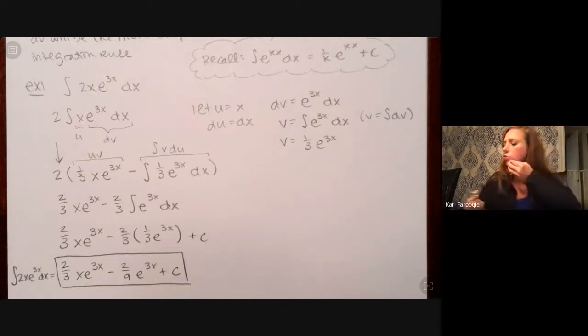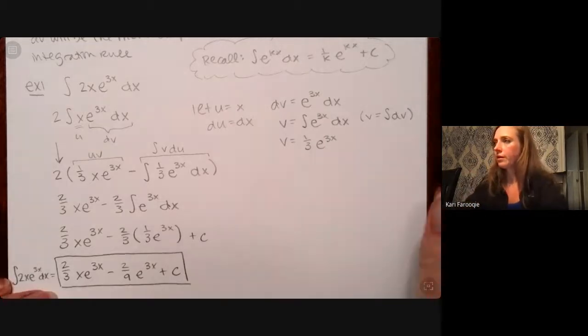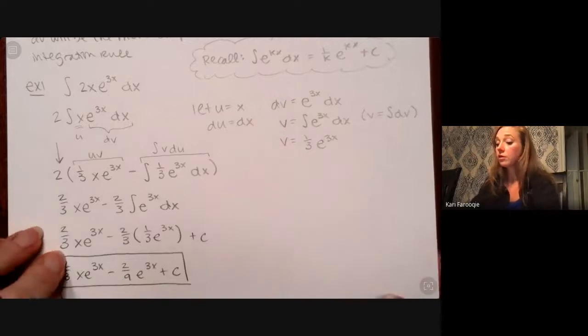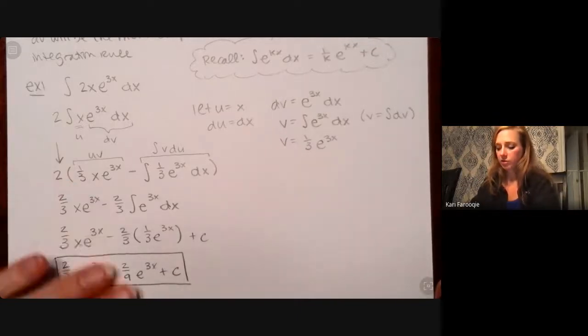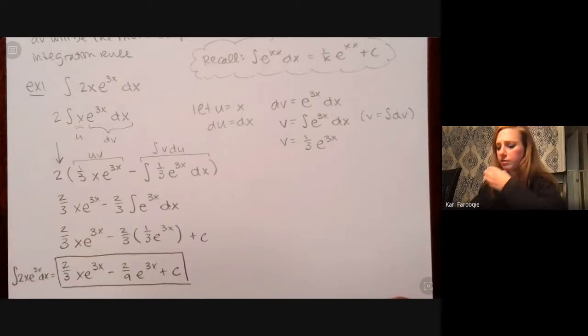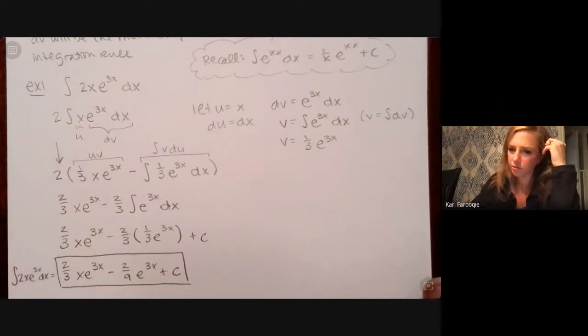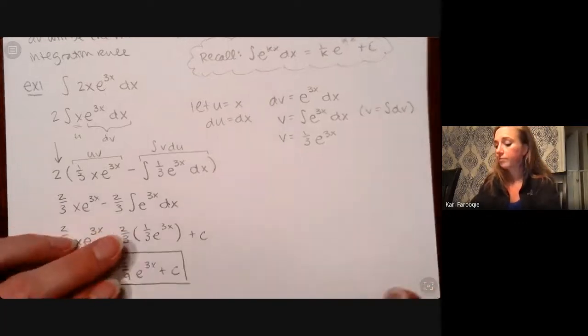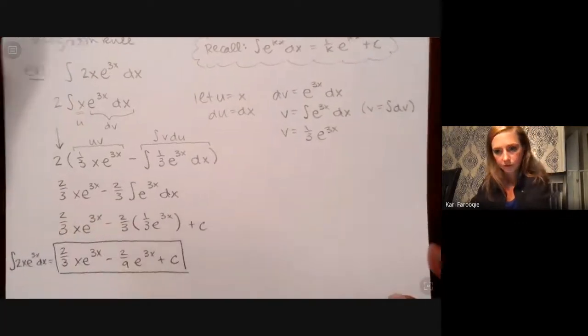It's not going to get super crazy in here, but there's one technique that's especially important that we're going to get to. Everything else is going to be pretty straightforward. Every once in a while, you're going to come across something where you're just not sure what u should be or what dv should be, and you might have to put a little bit more thought into it. But I'm going to try to show you some examples of what could happen so that you're ready for if that occurs.